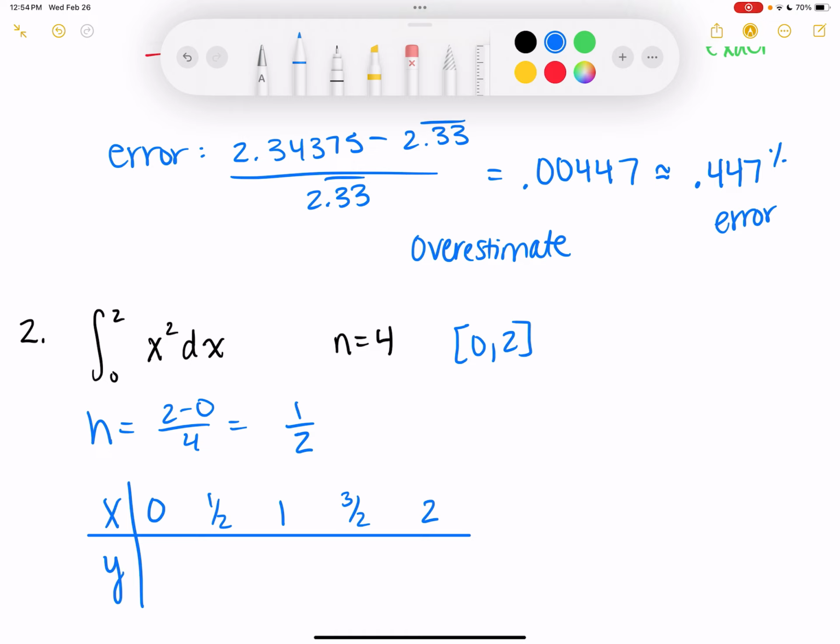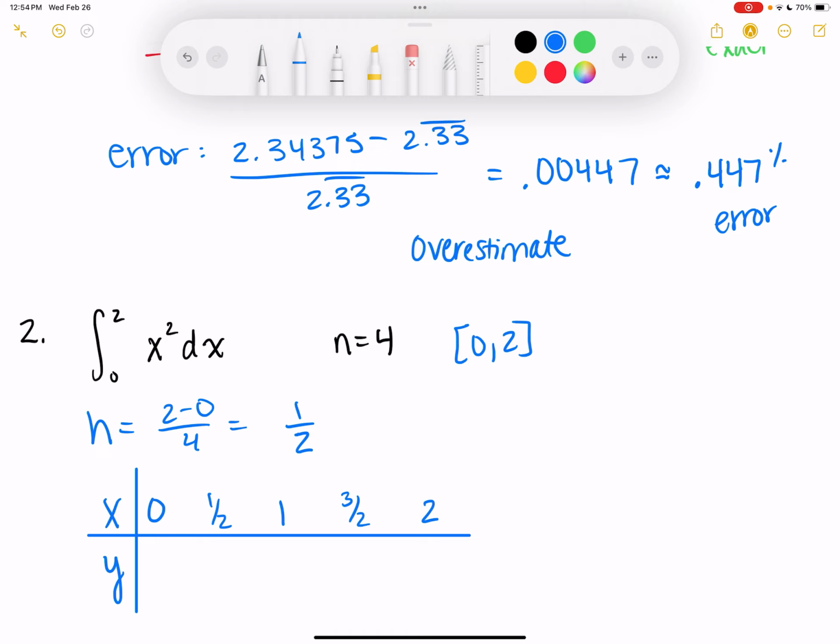So when I plug in 0, I get... You got this, Virginia. Wait, hold on, I'm still making my table. The lines are not going straight. She doesn't have lines. Well, I have lines. Virginia, help me. Josh doesn't know what 0 squared is. 0.